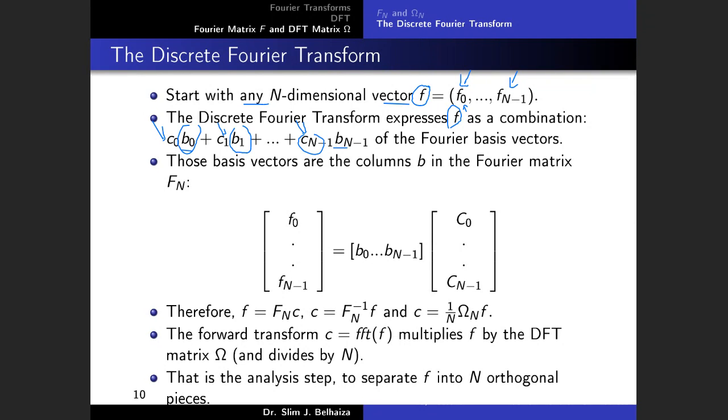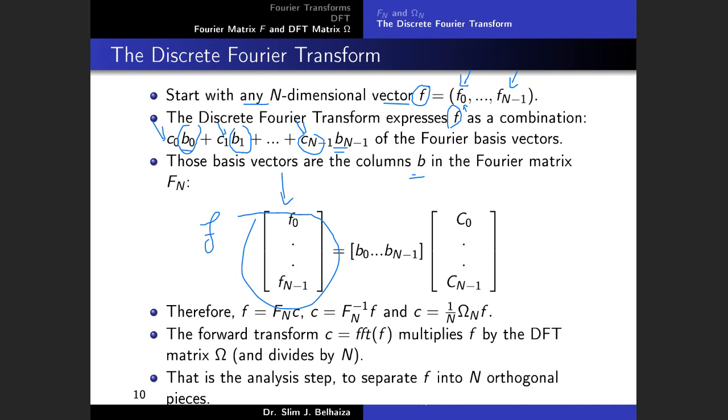In fact, those basis vectors are the columns of the Fourier matrix. So you use the basis you have in the Fourier matrix to write down f. It is written now as the product of b0 till bn minus 1 by c0 till cn minus 1.